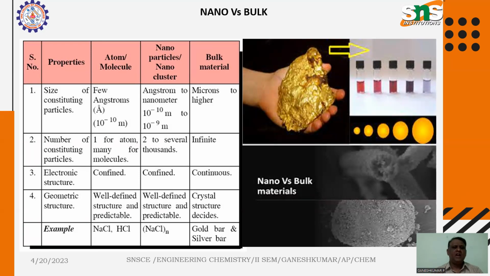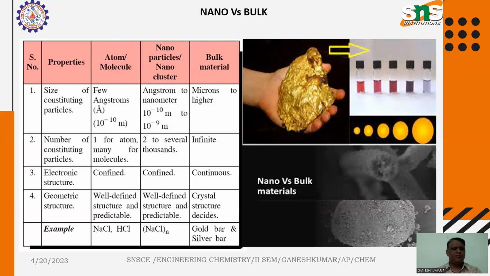size. Now we look into the difference between atoms, nanoparticles, and bulk materials. When we consider an atom, it is of a few angstrom size, 10 to the minus 10 meter, and a nanoparticle is 10 to the power minus 9 meter size, and bulk materials of a few microns are higher than that.